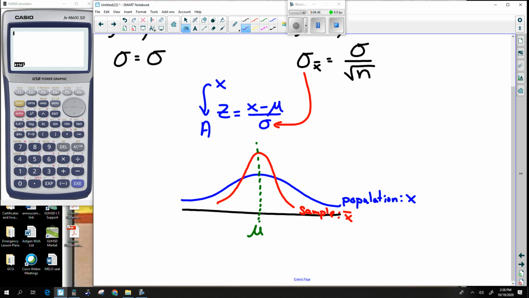And again, we just have to learn how to say this in mathematical terms.